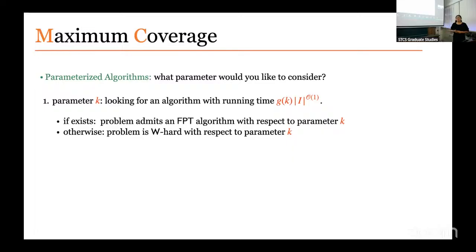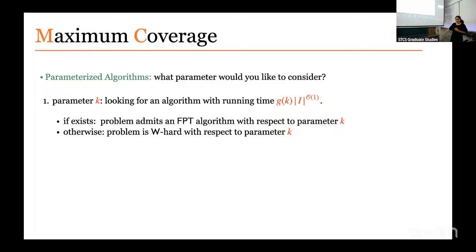Just like you have SAT that is complete for NP, do you have a complete problem for W? Yes, W complete problems we can also talk about. Is there a simple example? That's not on top of my head. Clique is W complete. No, it's not, because completeness is not like what we do in NP complete.